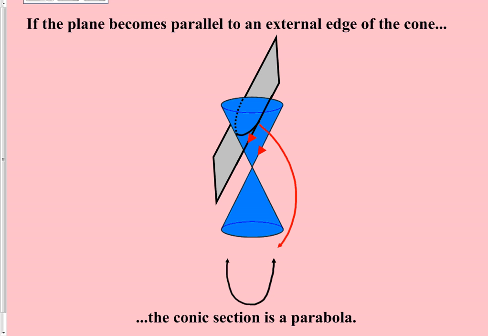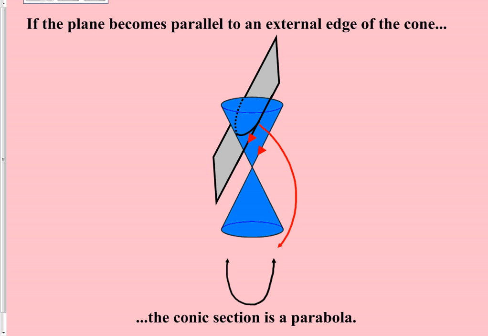The third shape that we looked at, what we said was if you passed the plane through the double-napped cone so that it was parallel to an external edge of the cone, you would end up with a parabola. Now, please note it's not entirely imperative that the plane pass through parallel to an external edge of the cone.